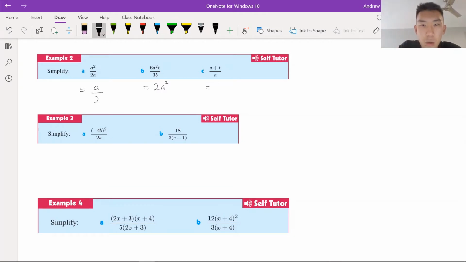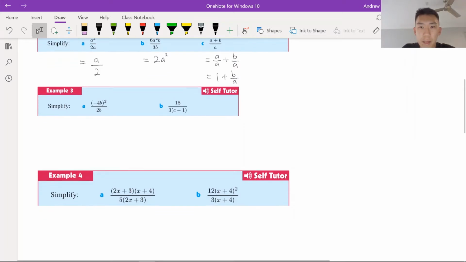But what we can do is rewrite it, since it has a single term denominator, as A over A plus B over A. So this essentially becomes 1 plus B on A. Not even sure that's fully simplifying, but I guess that's what we want.